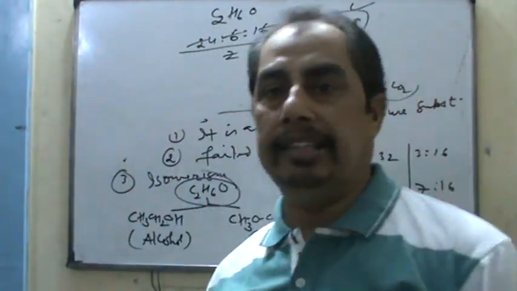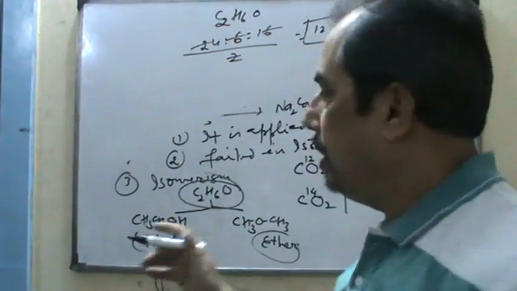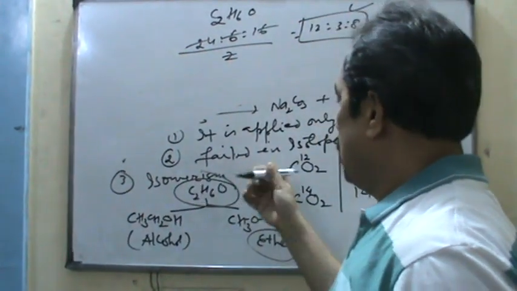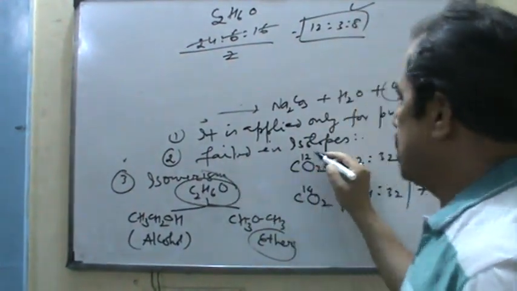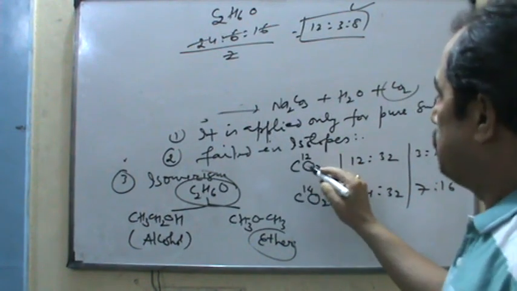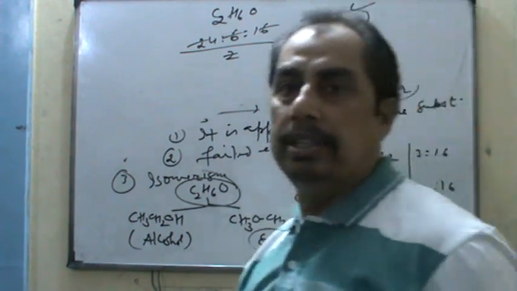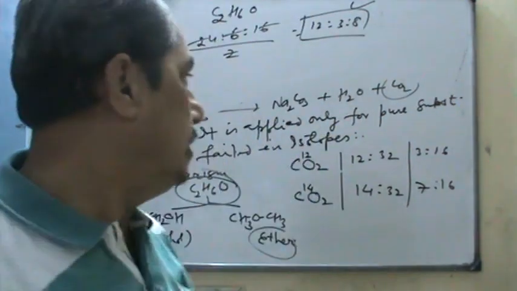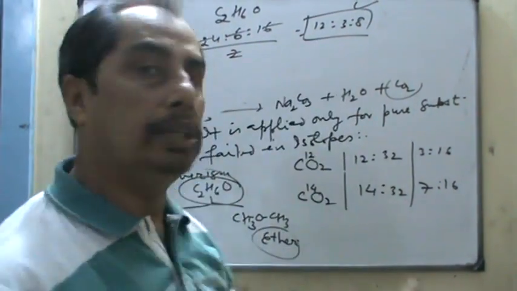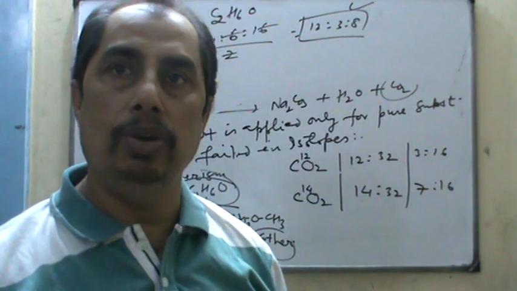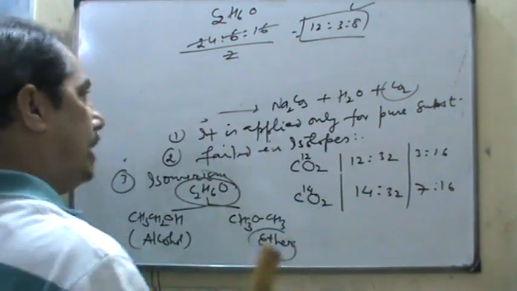One is the ether, another is the alcohol. In the initial case of isotopes, the compounds are the same but the ratios are different. But here, the ratio is the same but the compounds are different. So this is a strange failure of this law.